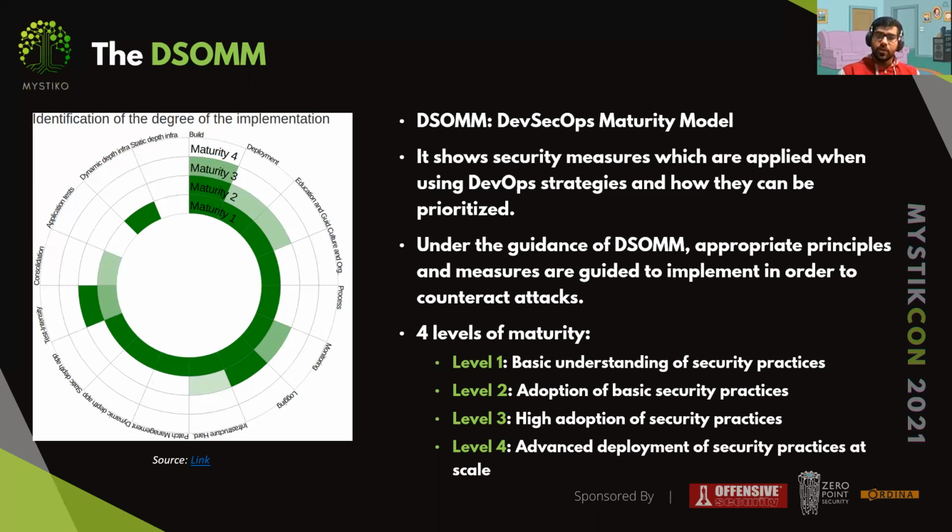Under the guidance of this model, the appropriate principles and measures are implemented. People are guided to implement them in order to counteract these attacks. So for instance, say there's some SAST activity that you want to perform, and you want to evaluate these security issues at first, and now you've identified some of the low-hanging fruit, and you want to move ahead and find some complex issues. What exactly do you need to do once you've implemented an open source tool?